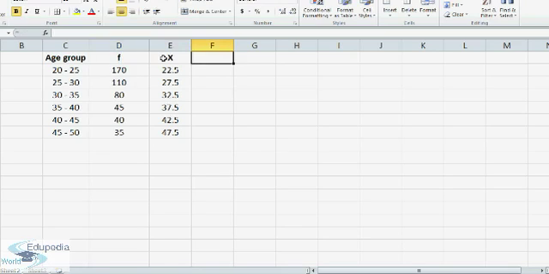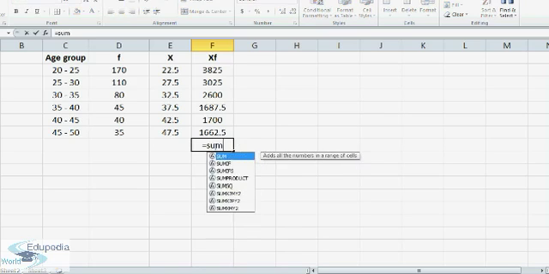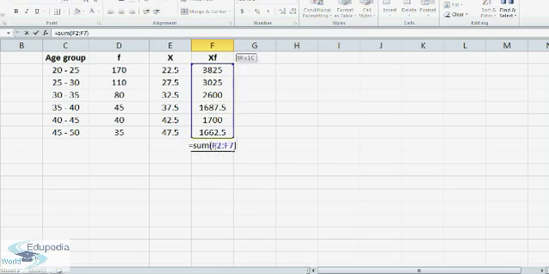Let's first find out the arithmetic mean of this. To find the arithmetic mean, I need x multiplied by f. That simply will be x multiplied by f. I have the product of x and f. Let me find the sum of this column.